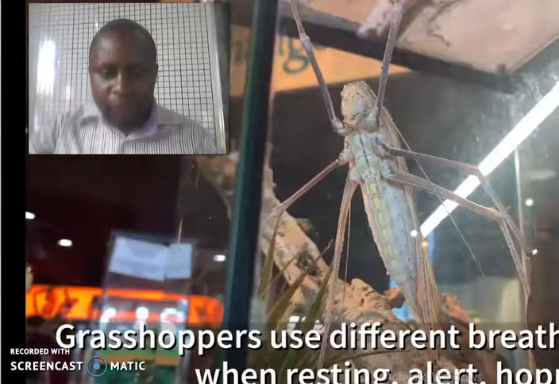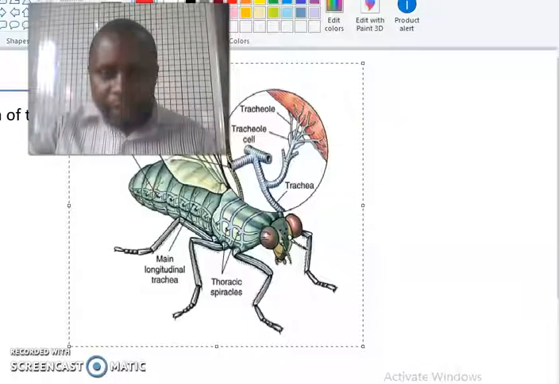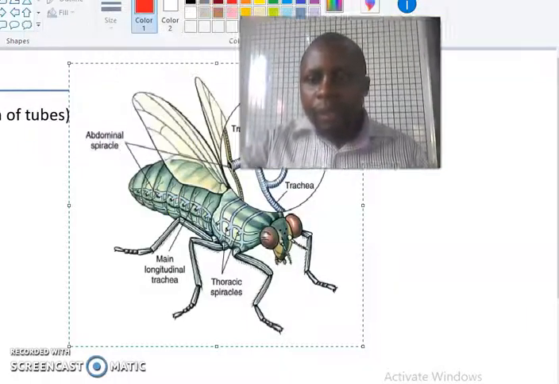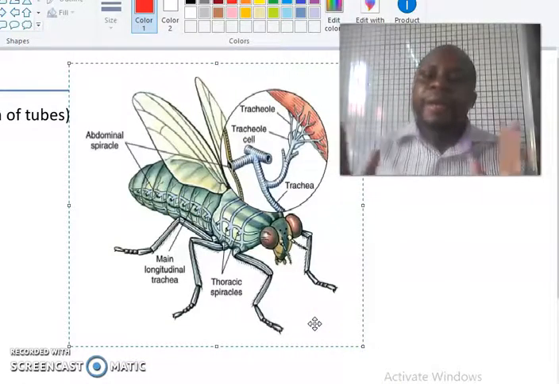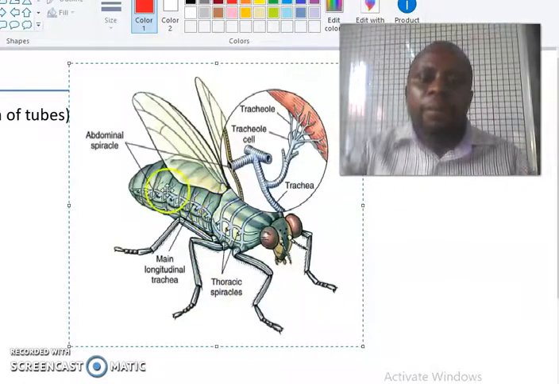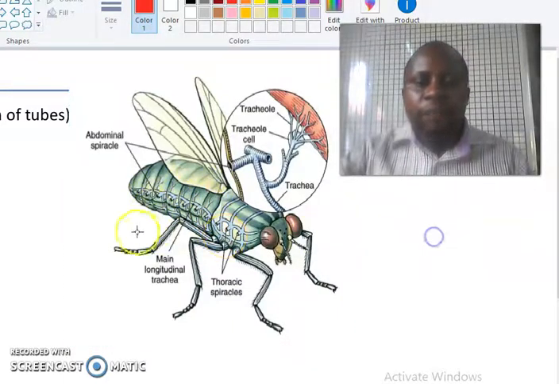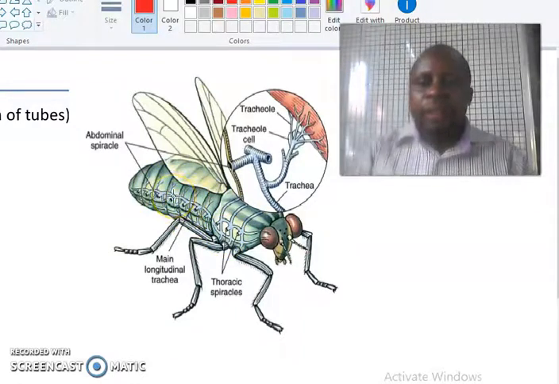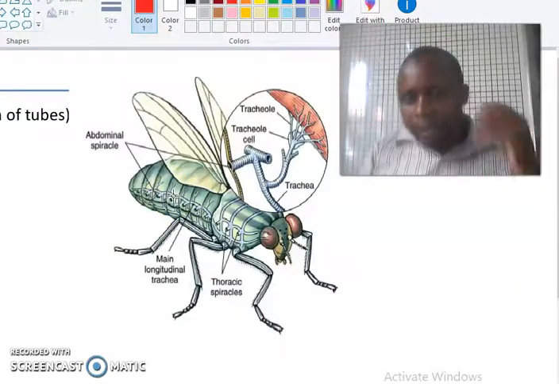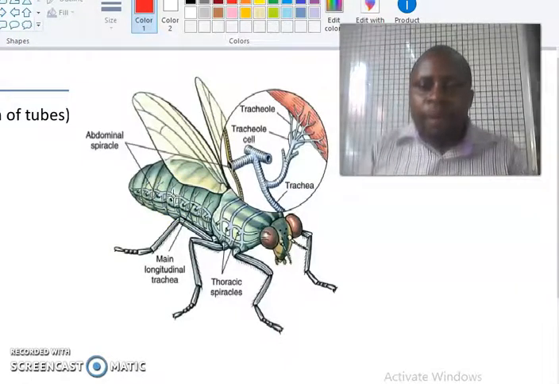I will repeat using this diagram. During inspiration, the abdominal muscles of the insect relax, hence the abdomen increases in volume.